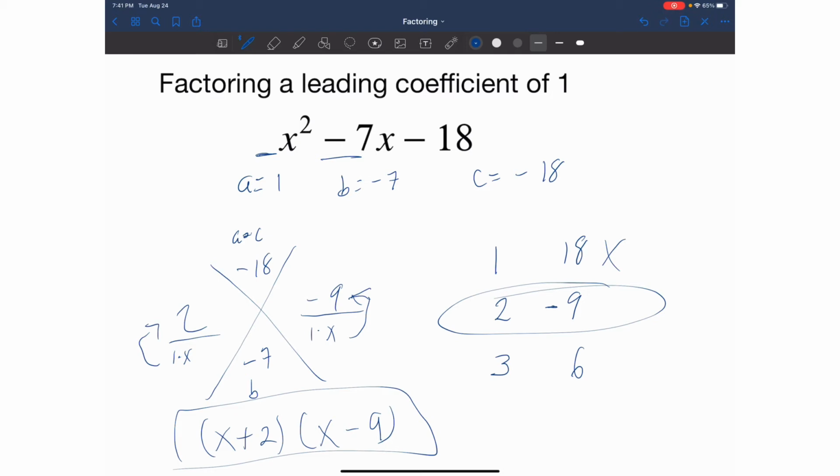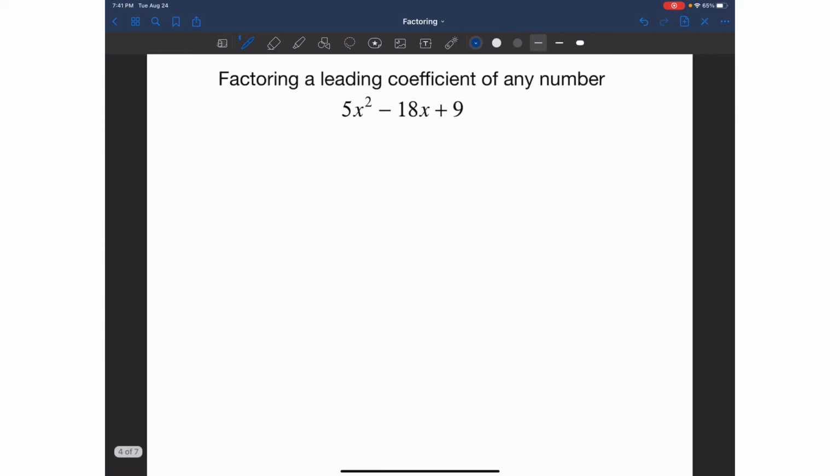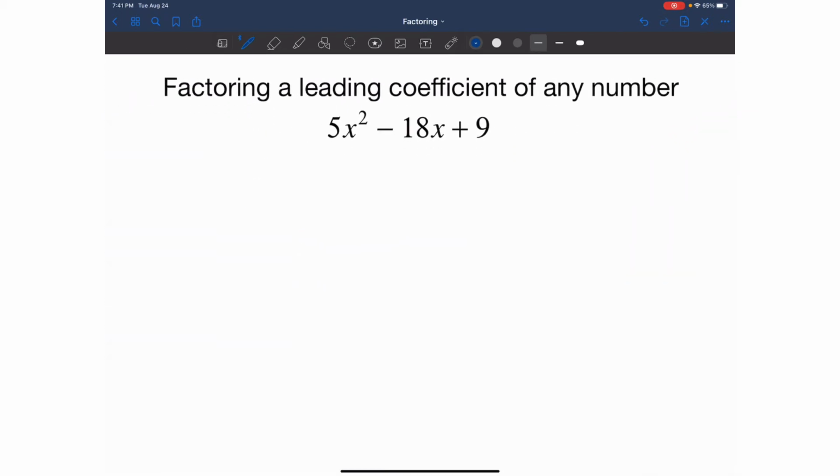It does get a little bit more complicated when you have an a that is not equal to 1, but we follow the same steps. So looking at this example, my a is equal to 5, my b is equal to negative 18, and my constant is equal to 9. So we are going to draw our x.